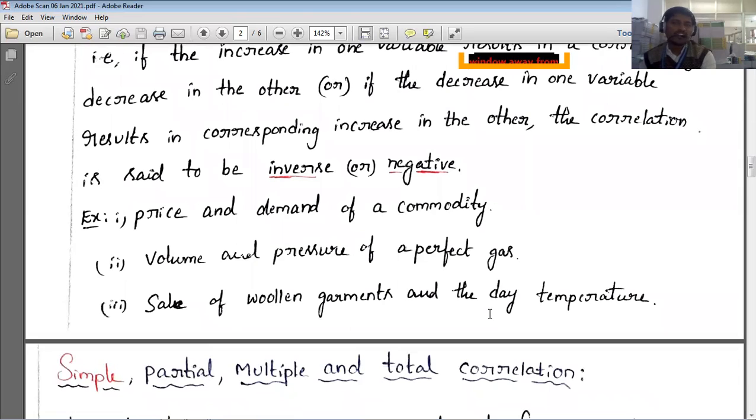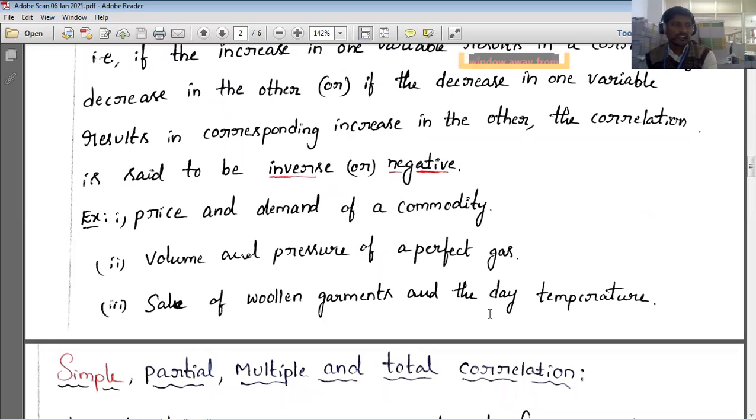Price and demand of a commodity: the price is increasing and demand is reducing. Volume and pressure of a perfect gas, and sale of woolen garments and the day temperature. Morning temperature may vary and evening temperature may vary.